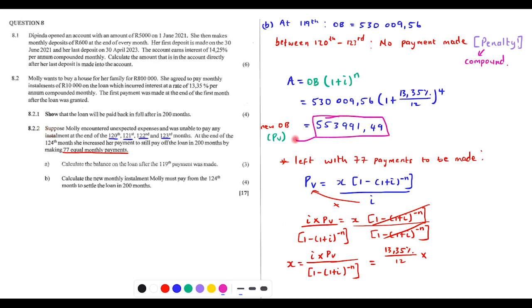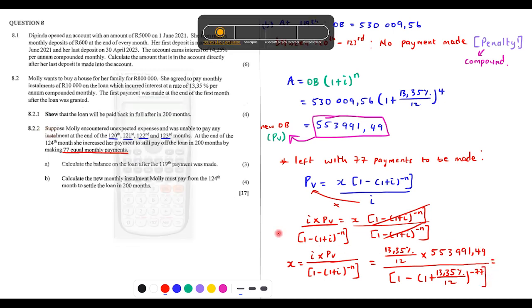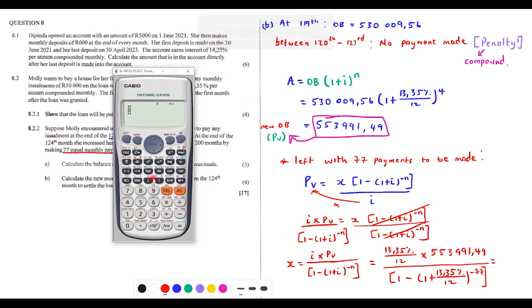So it's gonna be 553,991.49 over 1 minus (1 plus 13.35% over 12) to the minus payments, and the payments are 77. So the payments that you still need to make are 77. So let's plug this into our calculator. Remember, I need a fraction. You always put a bracket, then press a fraction. Don't forget that.